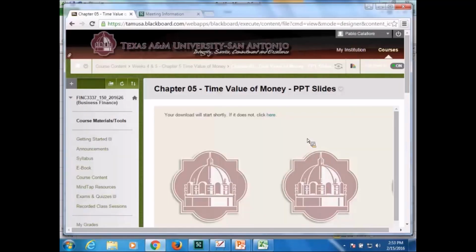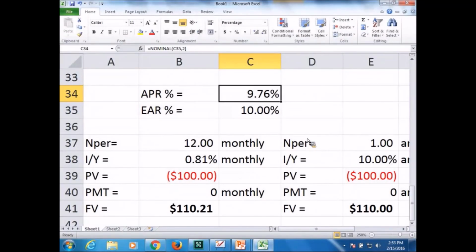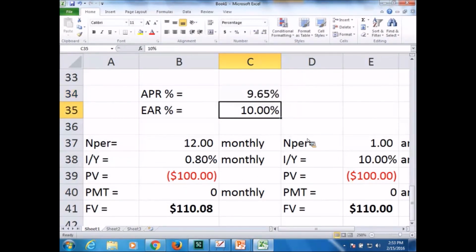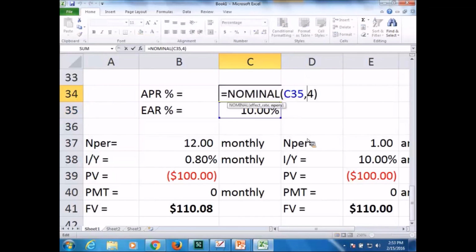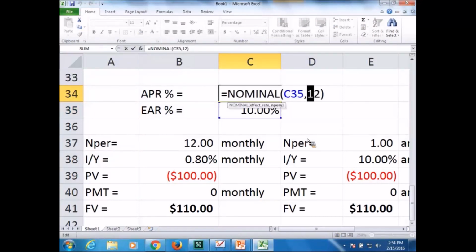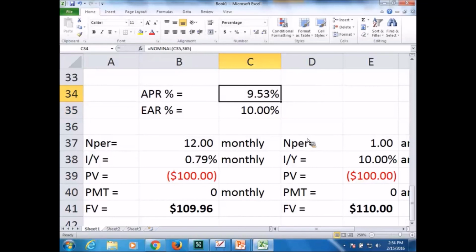Let's do quarterly, so we have 4 quarters in a year. 9.67, so it's lower. Monthly, 12 compounding periods per year, 9.57, even lower. Daily, 9.53. So you think, oh, I'm getting 9.53%? Yes, with daily compounding. So your actual rate is 10%. It's not 9.53.